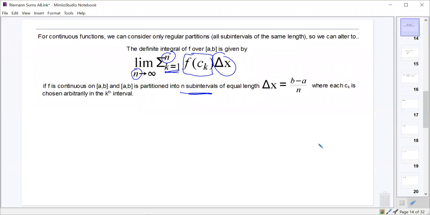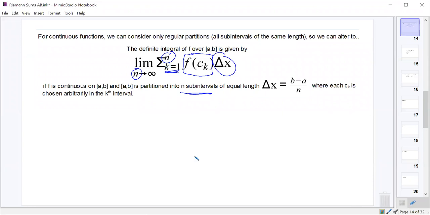So I'm kind of confused on what K represents, because I know N is the number of rectangles. Right, n is the number of subintervals, or the number of rectangles. The K is just any rectangle or subinterval that we choose on our interval. So we start at k equals 1 being the first rectangle, and we go up to n, however many we have.